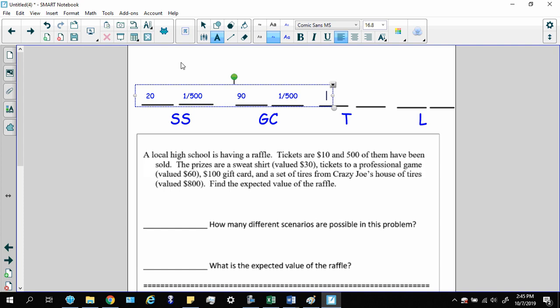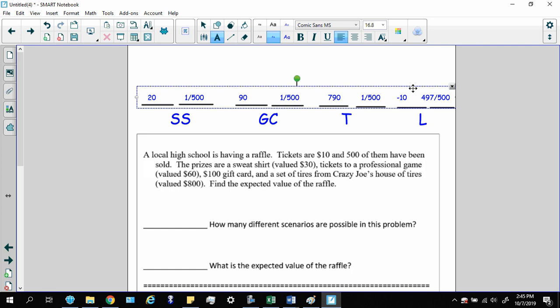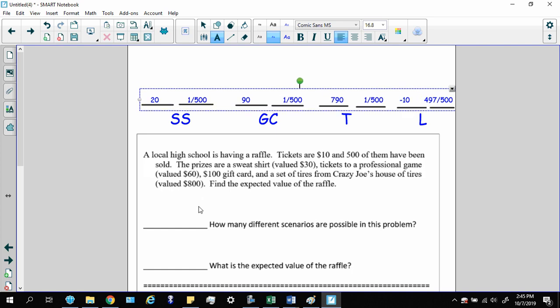The tires are 80, but again you paid $10, so 1 out of 500. And if you're a big loser, you get negative $10, and the probability is 497 divided by 500.